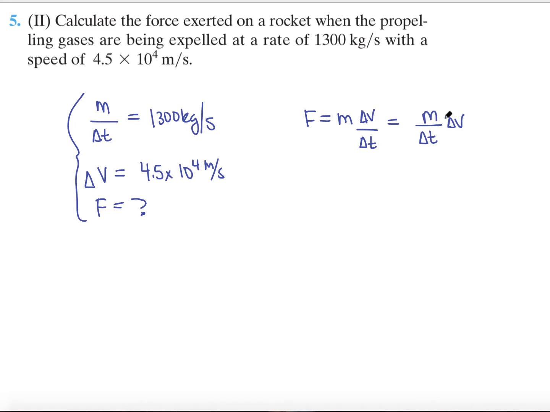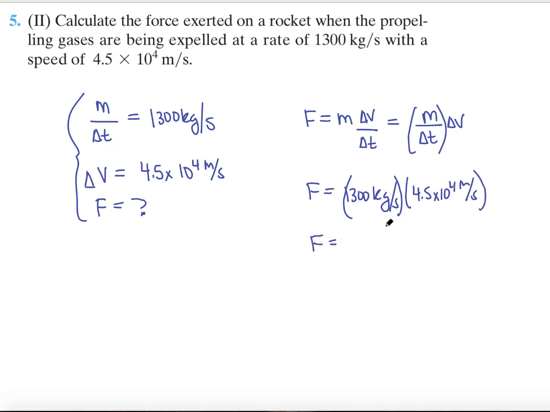So if I want to find that force, I've already solved for the mass over delta T, so I can simply substitute. So my m over delta T here is 1,300 kilograms per second times our change in velocity, which is 4.5 times 10 to the fourth meters per second. And so you can kind of see where a Newton comes from in here, because you have kilograms times meters over seconds squared.